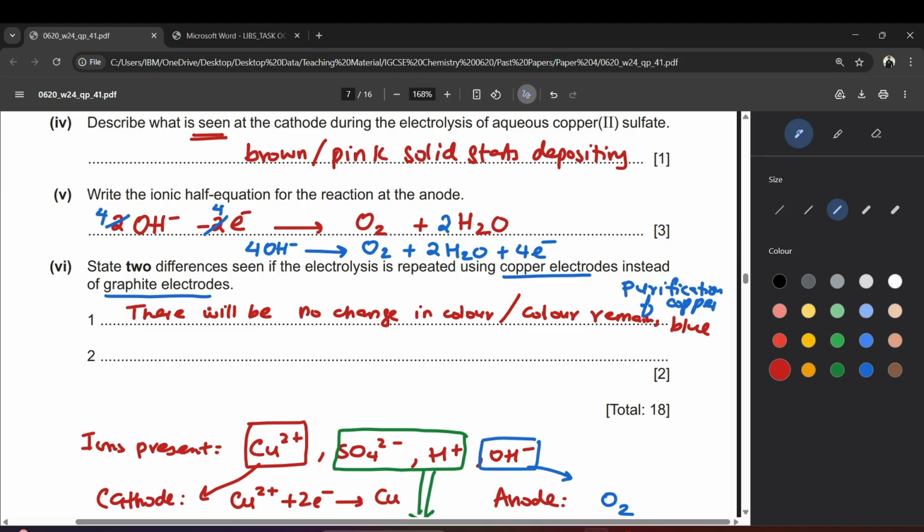So we can say the anode becomes thinner and dissolves. Okay, so this is the answer to this question.